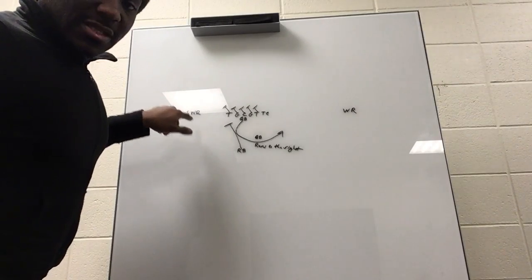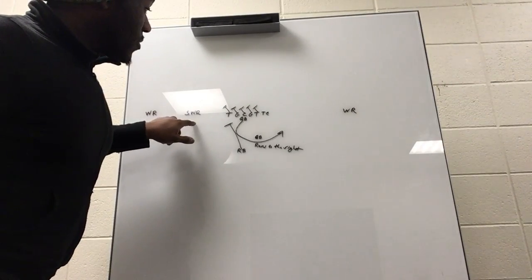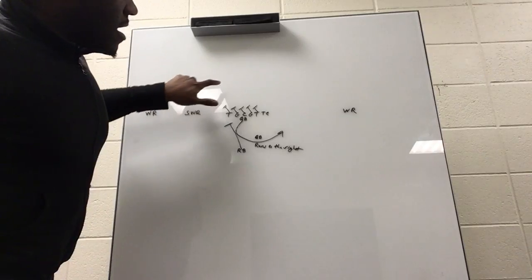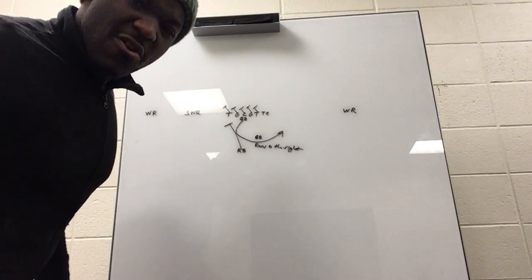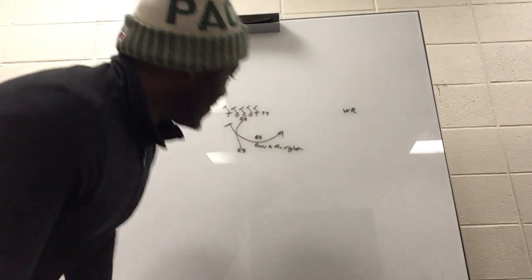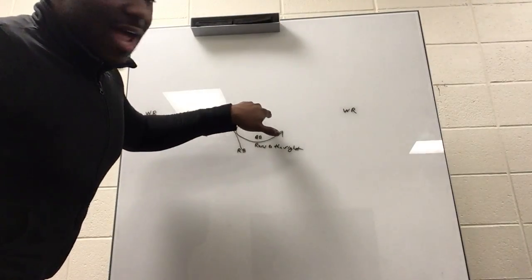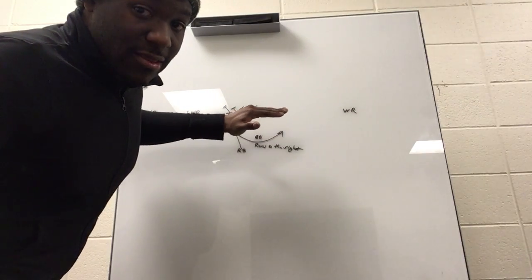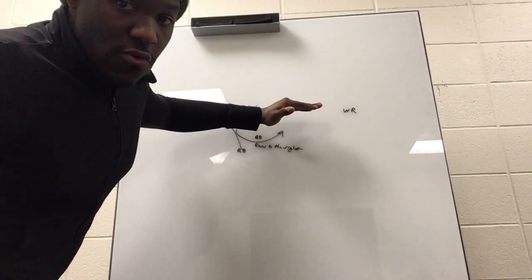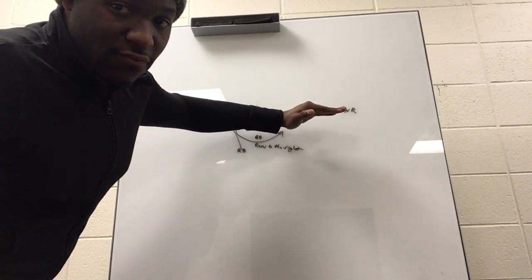The slot wide receiver will run an intermediate drag route. Well, since it's intermediate, they call it a crossing route. Intermediate drag routes are essentially crossing routes. And then the tight end will pretend to block and then leak out into essentially a flat route.